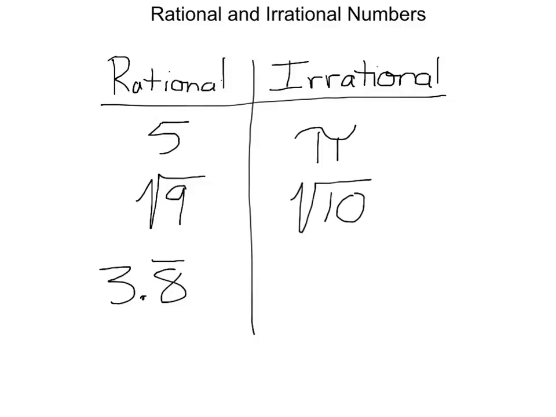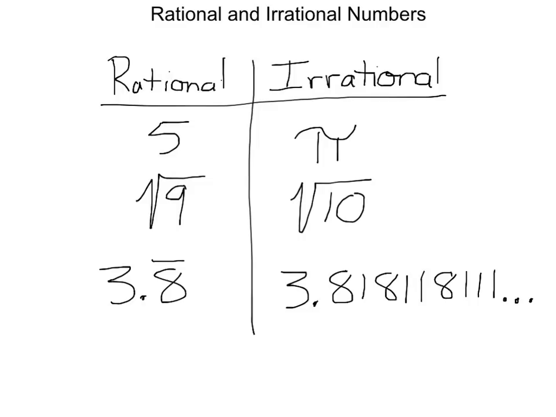However, an irrational number could be something like 3.818118111, and so on and so forth, where nothing ever repeats, but at the same time, it's not a terminating decimal. And you show that by putting 3 little periods right after the last digit of your decimal.